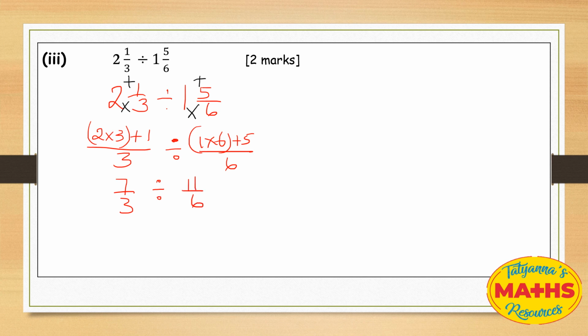When we're dividing fractions, we keep, change, and then flip. So we keep the 7 over 3, change the division to multiplication, and then flip. When I say flip, I mean 6 over 11. It was 11 over 6, it is now 6 over 11.